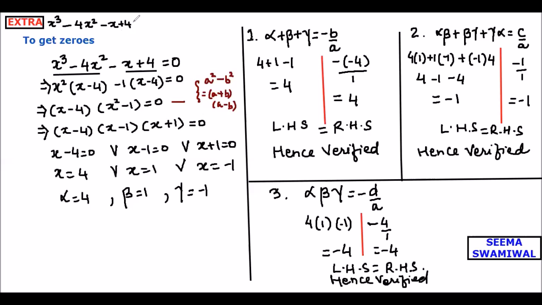If you take minus of it, it will become minus 4. a is the coefficient of x cubed, so this is minus 4 upon 1. On the right hand side, you are getting minus 4. On the left hand side, if you put the values of alpha, beta and gamma, again you are getting minus 4. So left hand side is equal to right hand side, and hence the relation is verified.